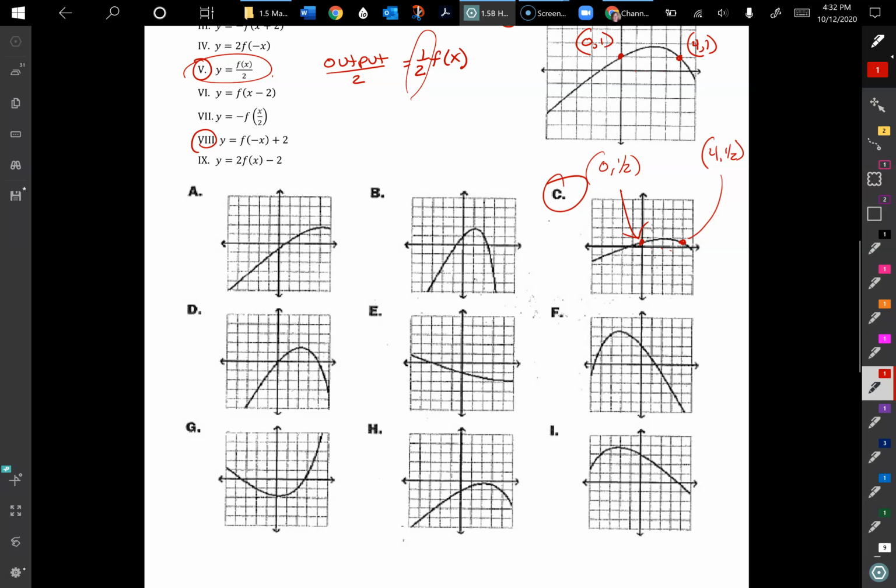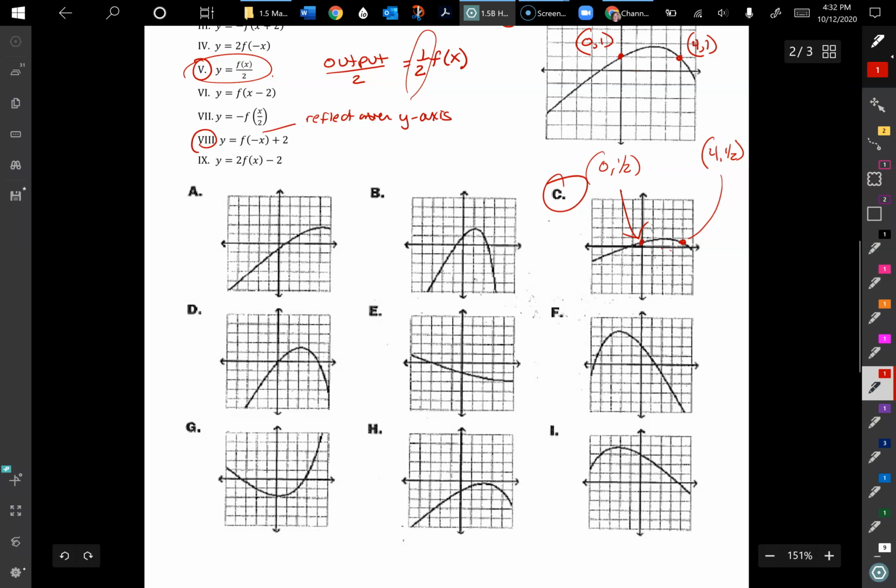On 8, that's another one that was asked about. And this means that there is a horizontal reflect. So all the x's are going to become negative. So it's going to reflect over the y-axis.